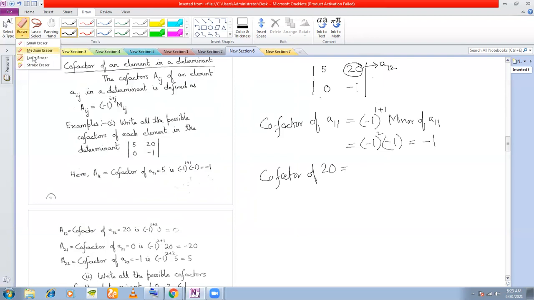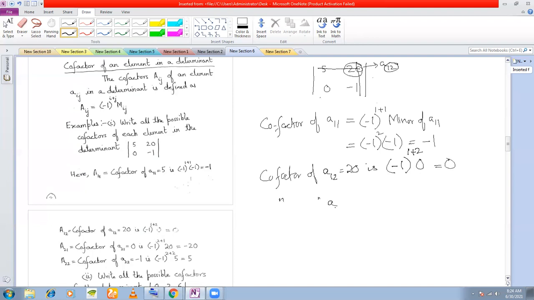So the cofactor of A12 equal to 20 is -1 to the power of first row, second column. And now if you hide this row and this column, what are you left with? 0. So the cofactor of this element is 0.